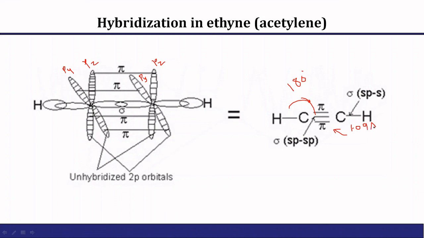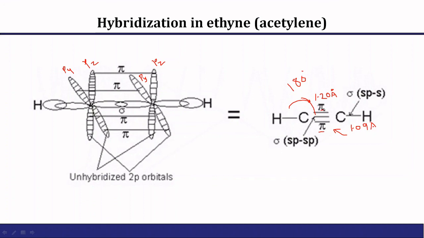But the distance between the carbon and carbon is much shorter than in alkenes. It's just 1.20 Angstrom in this case. The carbon-carbon bond length is 1.20 Angstrom, which is much shorter than alkene because it has two pi bonds in it.